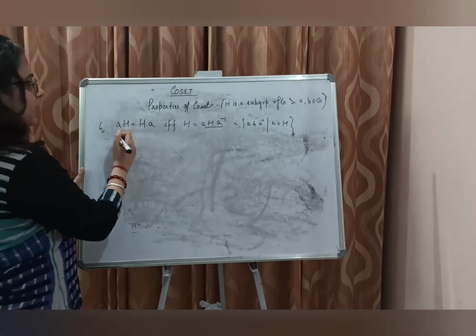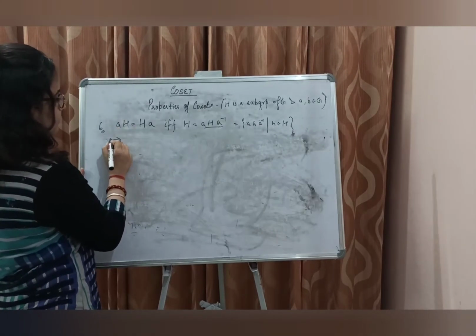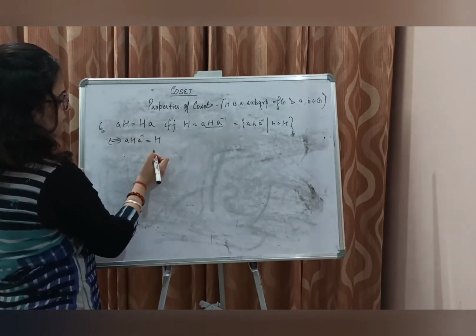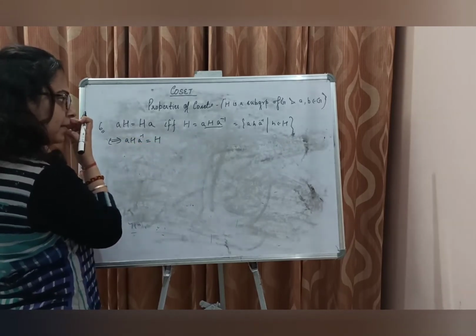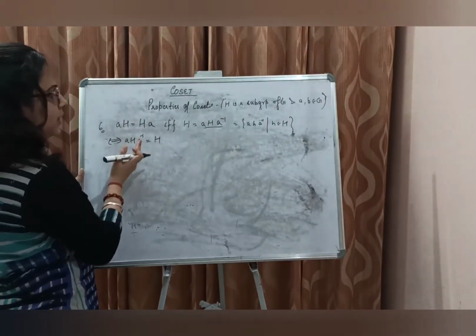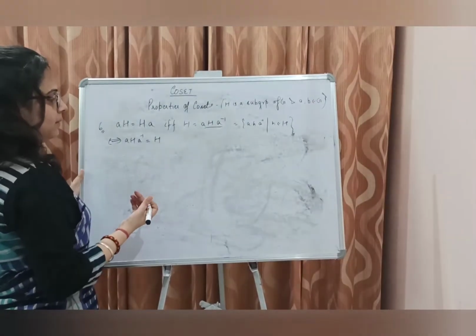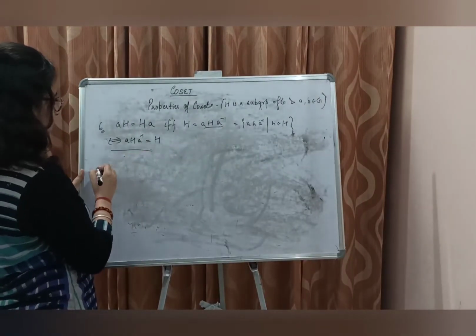Now right multiply by A inverse, and similarly you can left multiply or right multiply by A inverse. So there's nothing to prove in this.